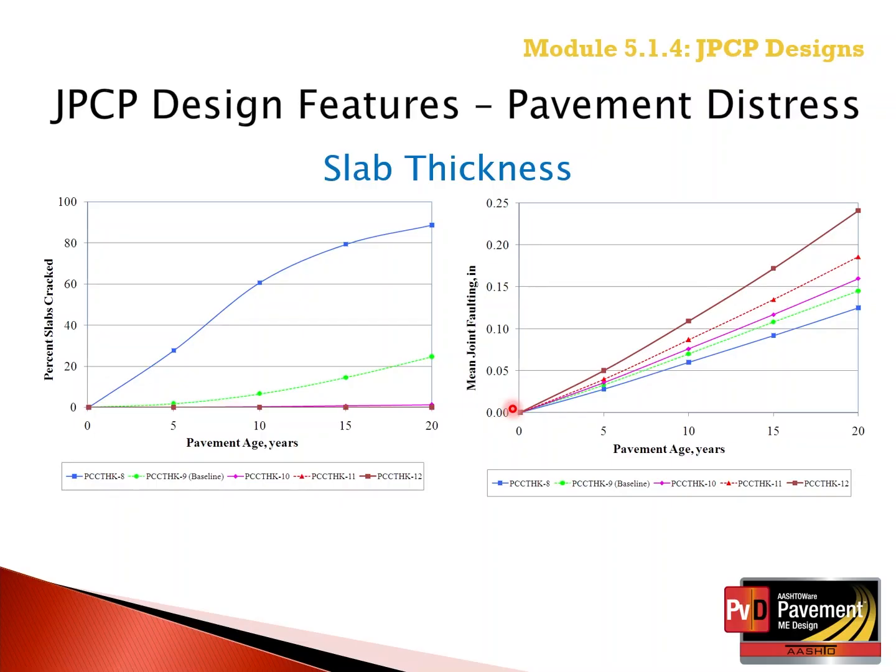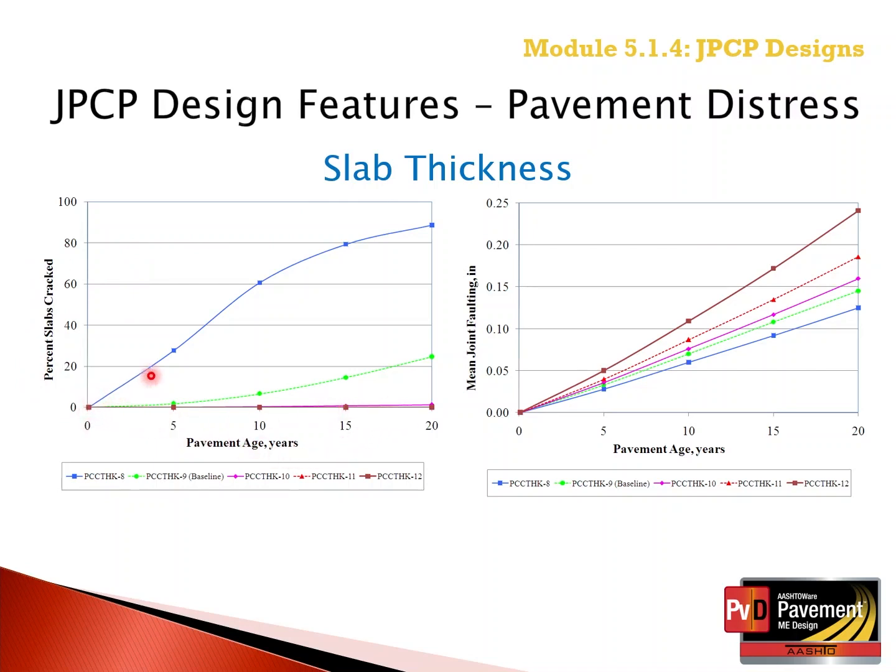So the first: mid-slab cracks, or percent cracked slabs, is very sensitive to the PCC slab thickness because it reduces the tensile strains at the top and bottom of the concrete slab. And that's shown by the graph on the left, percent cracked slabs versus pavement age.